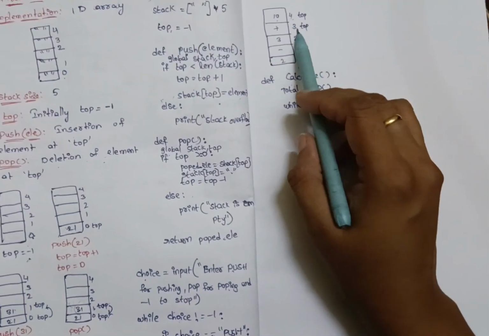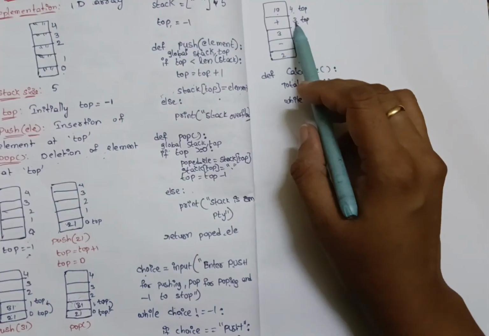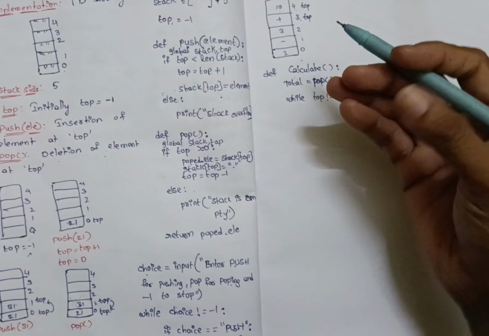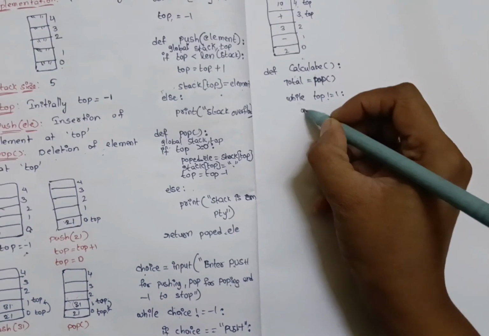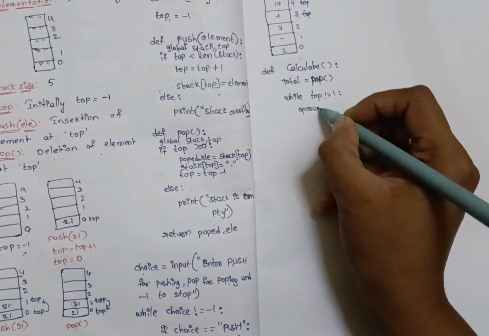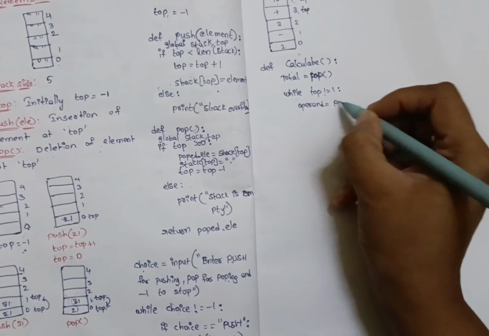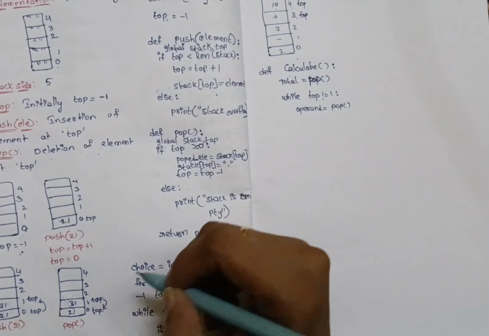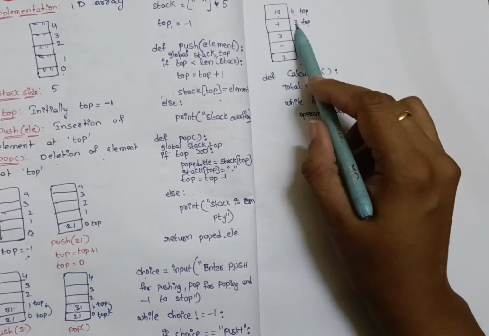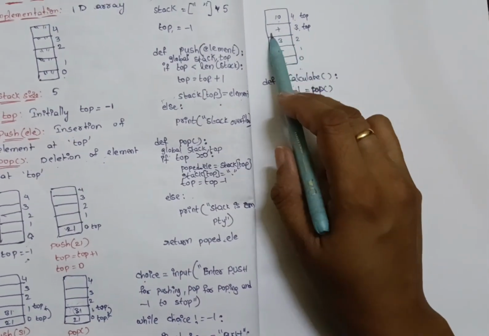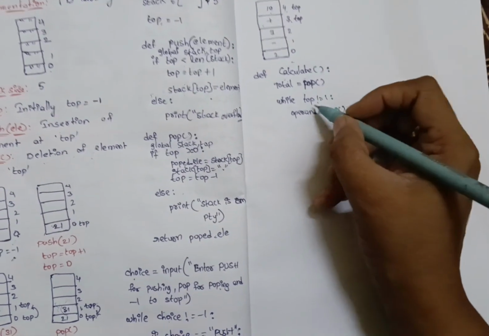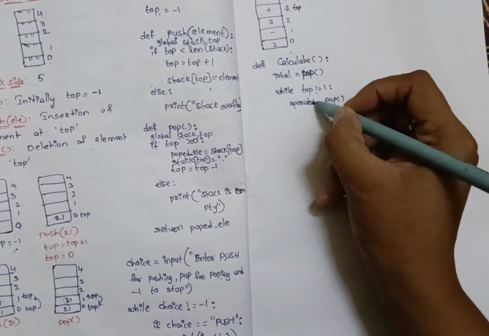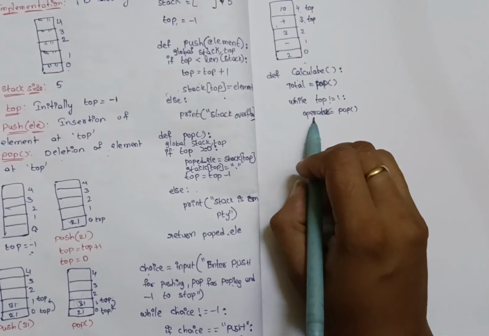First let me pop the next occurring element, that will be the operand. Operand is equal to pop. That means I'll get this plus into my operator. Sorry, this is the operator variable.